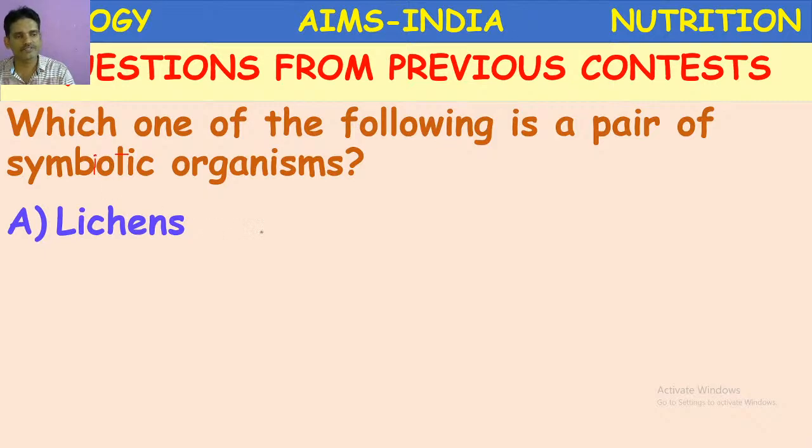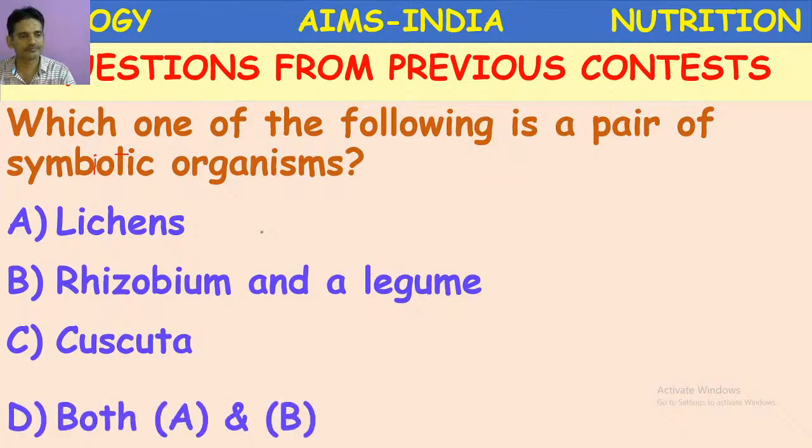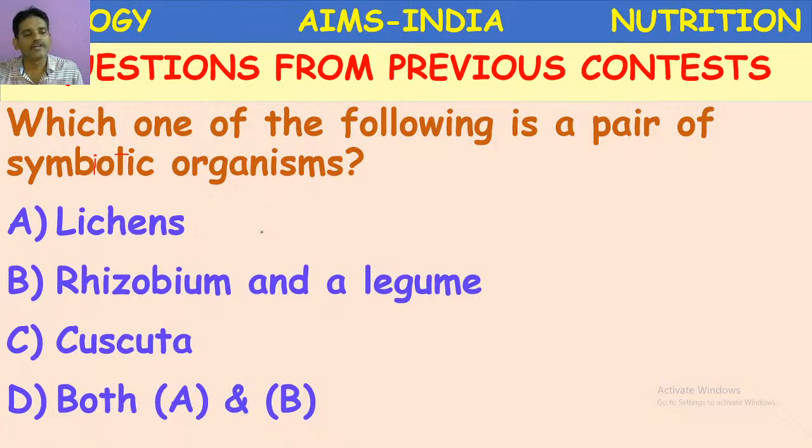Symbiotic organisms. Lichen, Rhizobium and legume, Cuscuta, both A and B options. You know, lichens are an association between algae and fungi, both are mutually benefited, so there is a possibility. Rhizobium and legume. Legume means groundnut plant or a group of plants belonging to the Leguminaceae family.